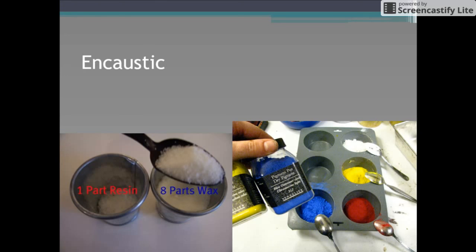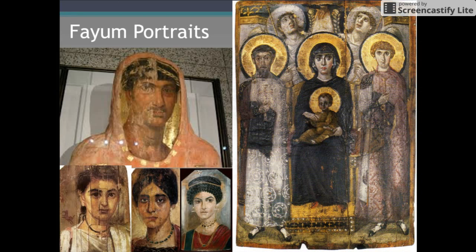So you'll notice here what really is the basis of encaustic paint is wax mixed with pigment. That's really what it is made out of. And one of the pros to this media is that you create a type of permanence with your painted object.